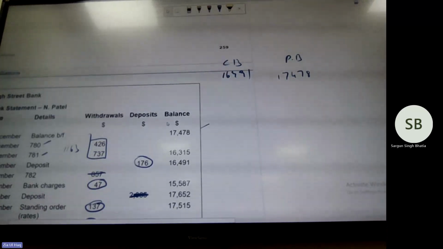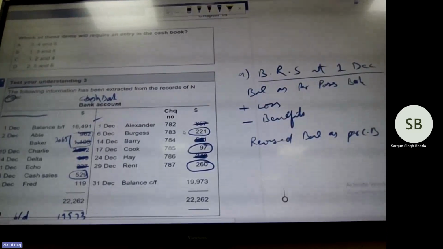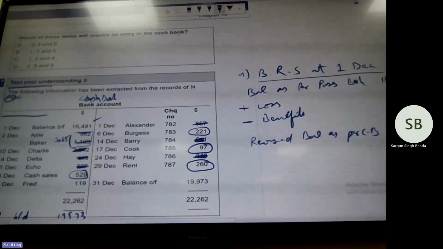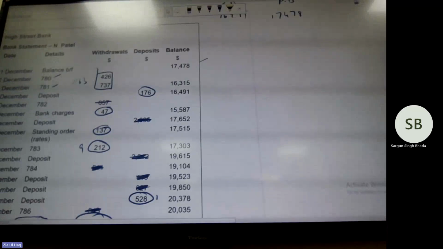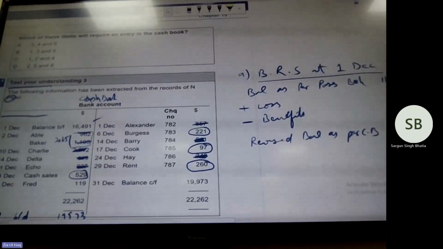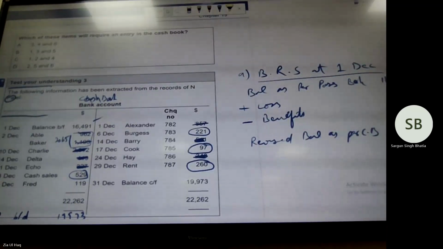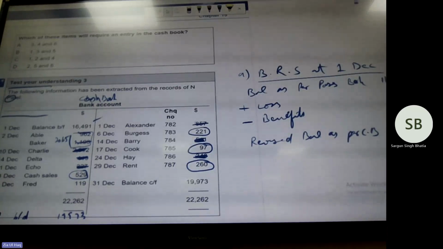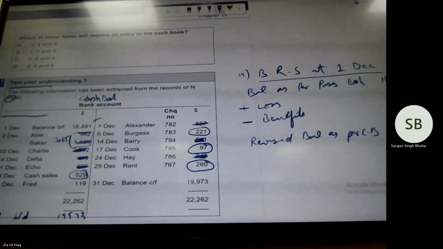It's 11,478 opening balance. We need to prepare the bank reconciliation at 1st December. While the cash book is showing balance, how much? 16,491.